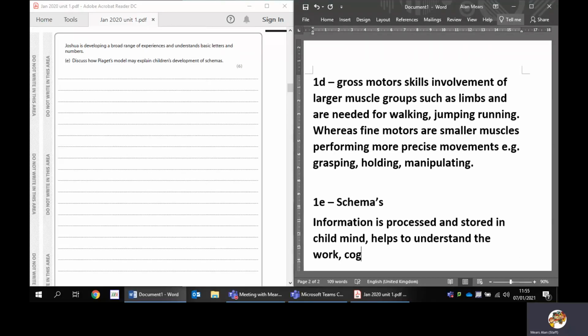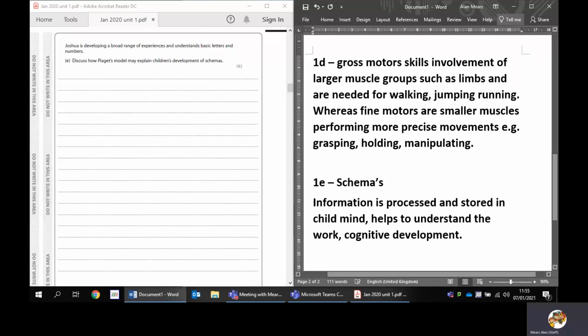It's part of cognitive development. And obviously the process is that new information is presented to the child, and because that new information has come in, the child will take that on board. So it's a case of learning the new information.